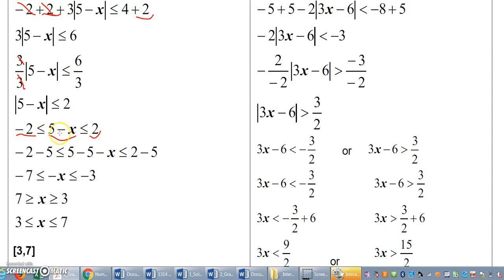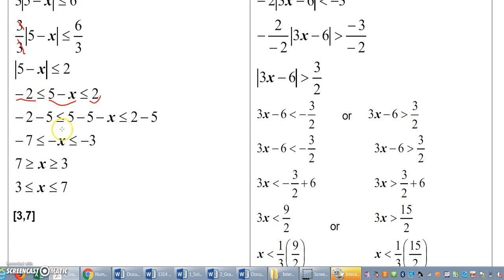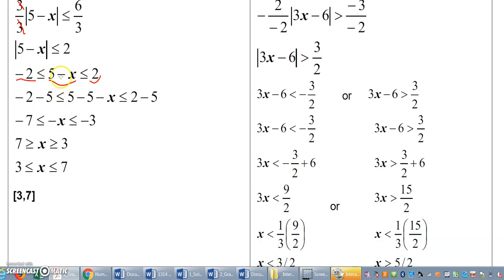So we want to isolate the x in the middle like we did on some earlier examples. So to get this x in the middle, what I want to do is subtract 5 from the 5 minus x. So I'm going to take a 5 away in the middle, and if I take a 5 away in the middle, I've got to take a 5 away on the left, and I've got to take a 5 away on the right to keep it balanced.